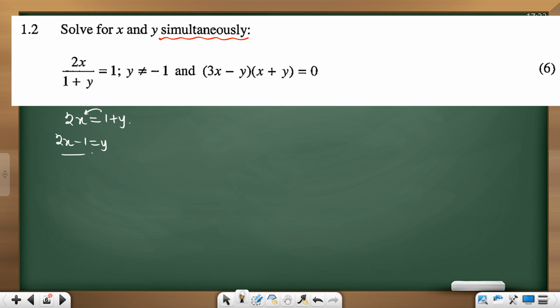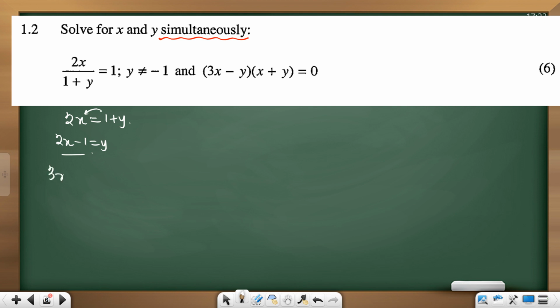You want to FOIL? You can. But I don't want to FOIL. I can just sub it in. Okay, you can just sub it in and then deal with it. All right? Let's sub it in together.